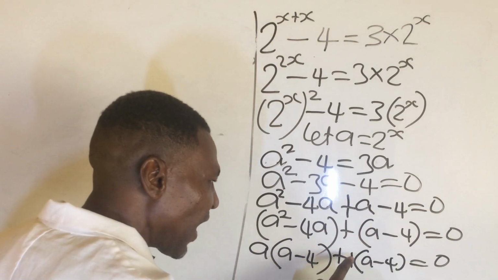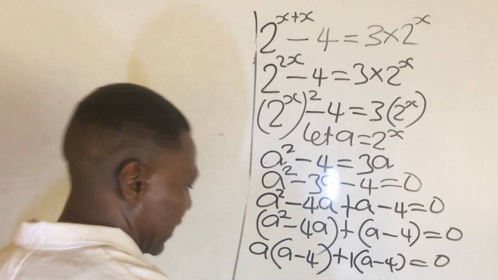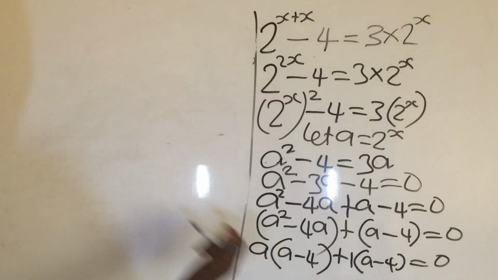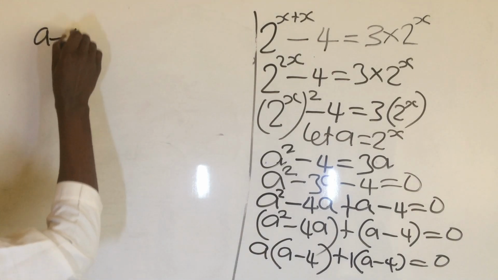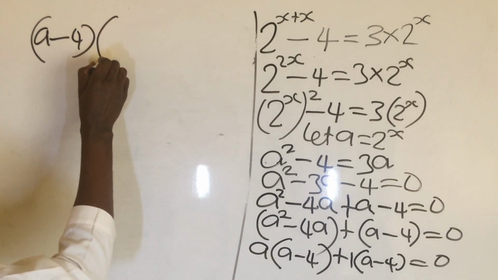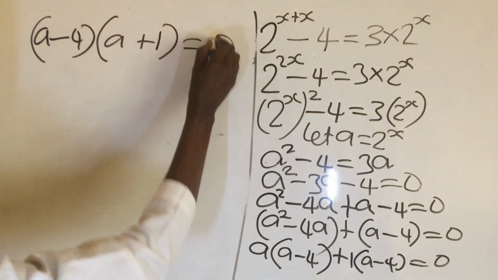So even if I don't put it, it still means that 1 is here. Continuing, we pick one of the brackets, a minus 4, and the one outside the bracket, a plus 1, equals 0.